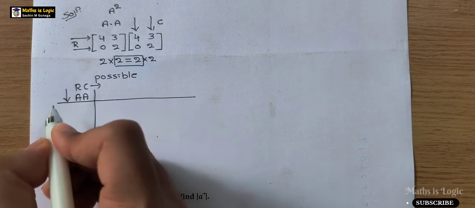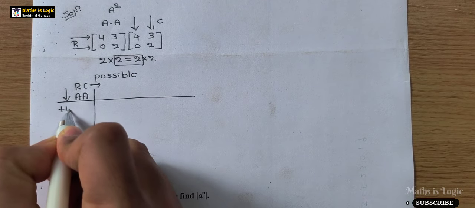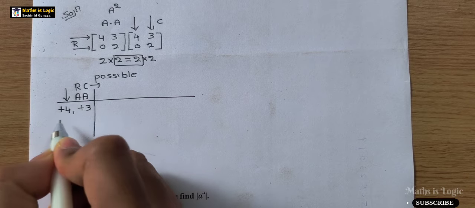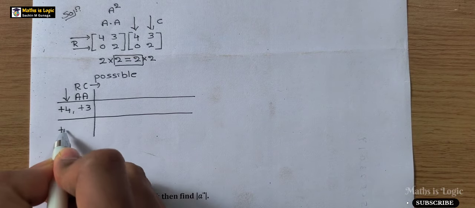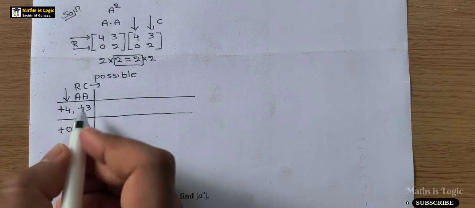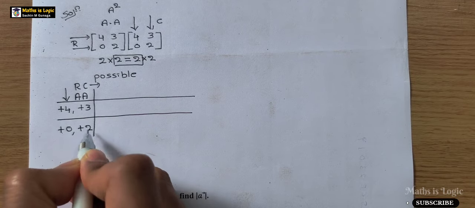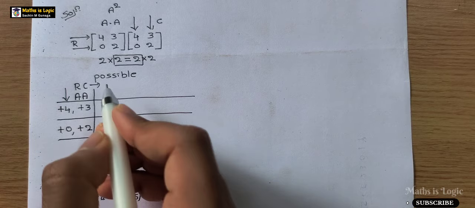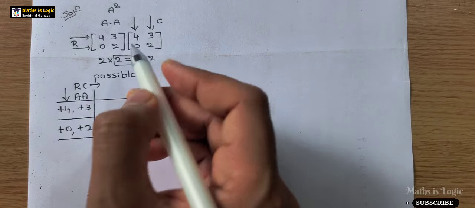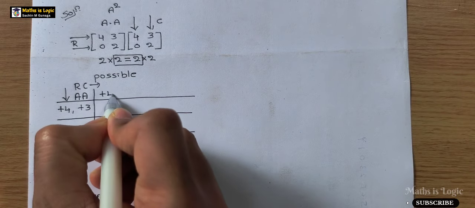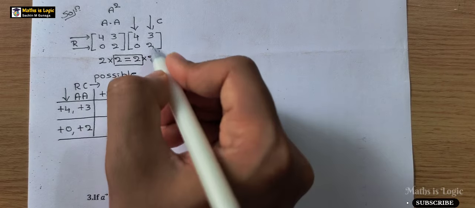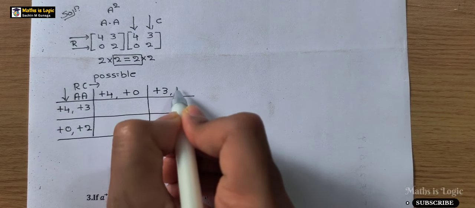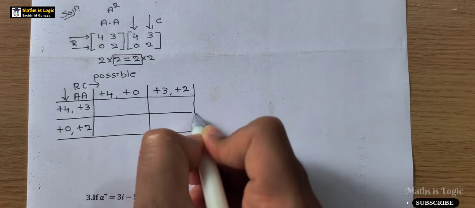What is the first row? 4 3, so write plus 4 plus 3, put one line. Second row plus 0 plus 2. Next, the second matrix column: 4 0, plus 4 plus 0. Next, the second column plus 3 plus 2.